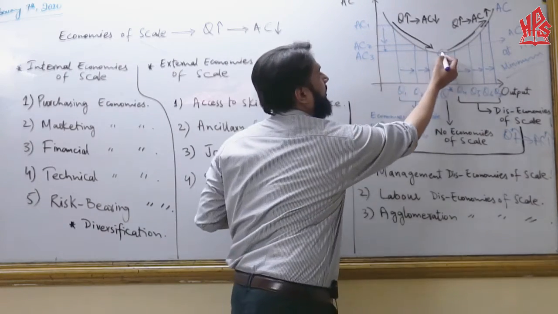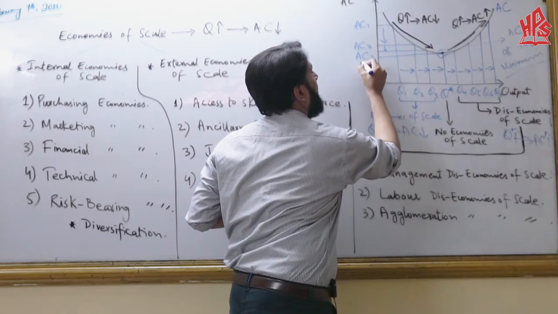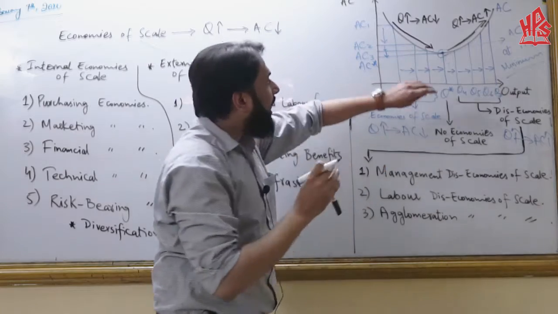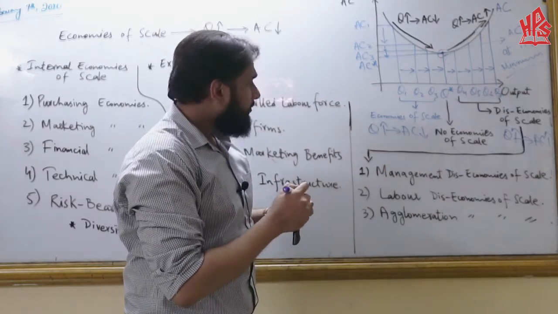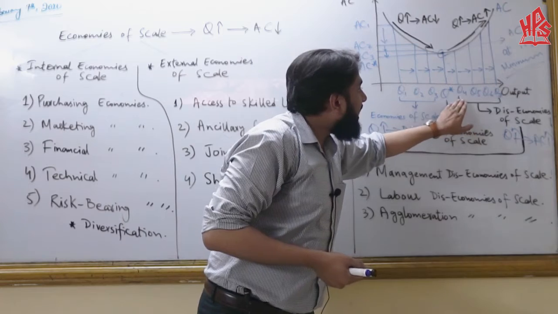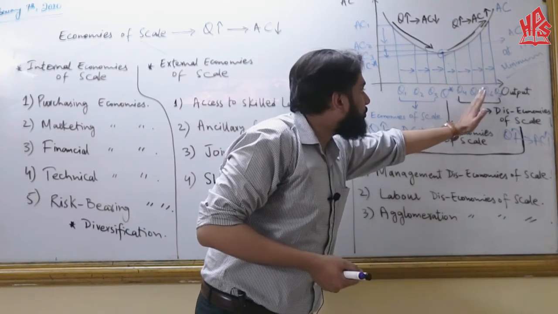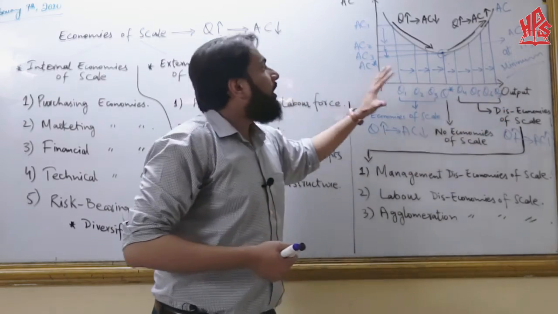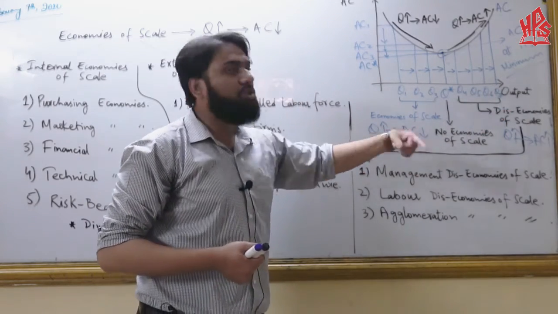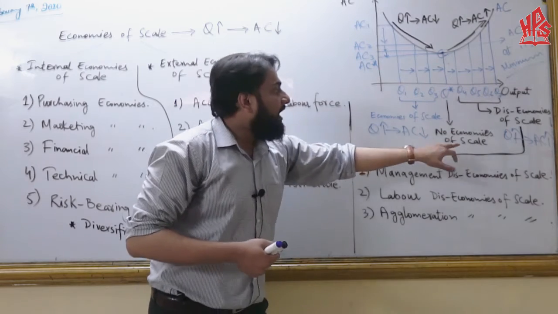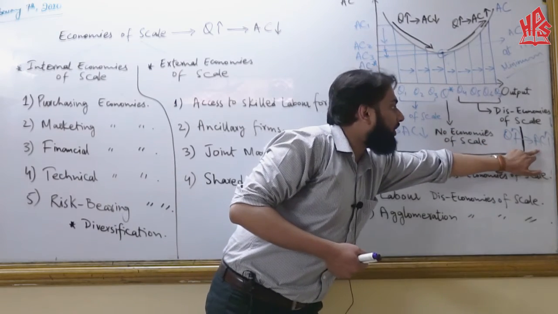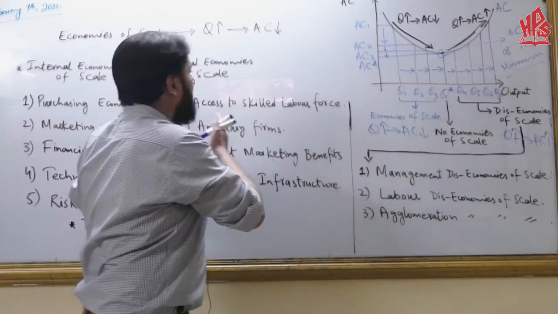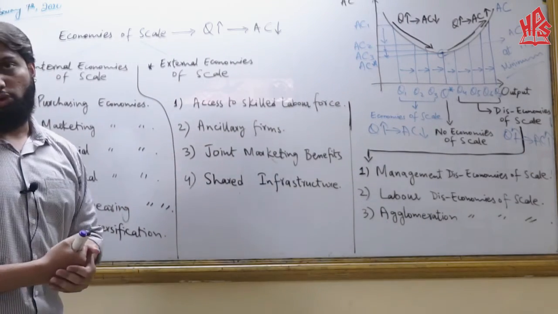You can compare here that this average cost is relatively lower than the other average costs. Finally, we have the phase after Q star, called diseconomies of scale, in which our cost of production continuously increases. By increasing quantity, we face more average cost every time, and we have discussed the reasons, internal, external, and so on. Thank you.